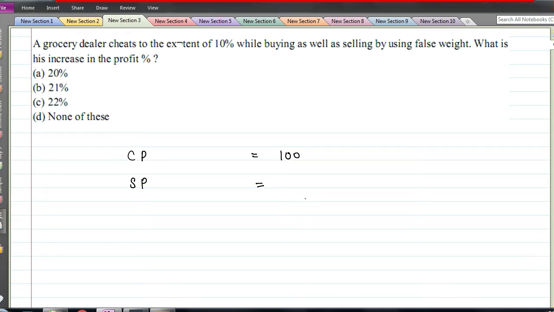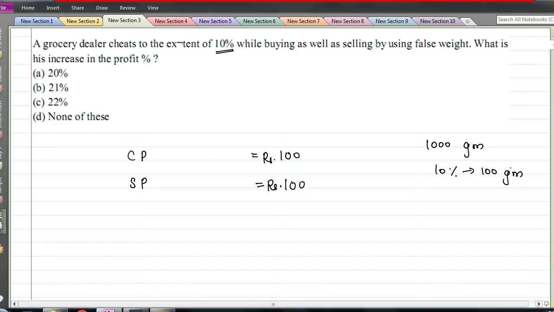So let us take selling price also as 100, means he is selling at the same cost at which he purchased. Now 10% of false weight is used, means if you are considering 1000 grams as your base weight, then 10% is 100 grams. This 100 grams he is using as false weight both while buying as well as selling.